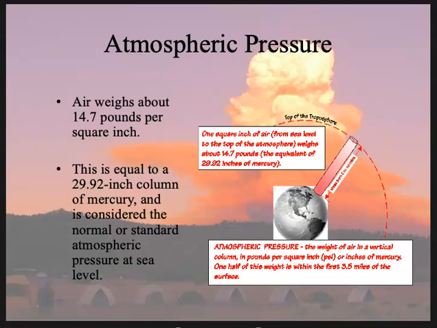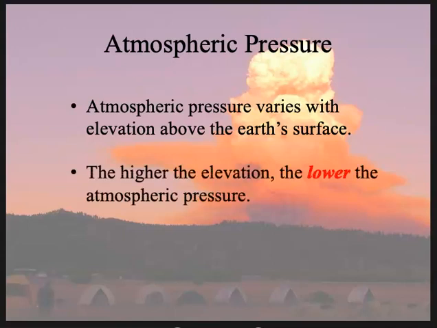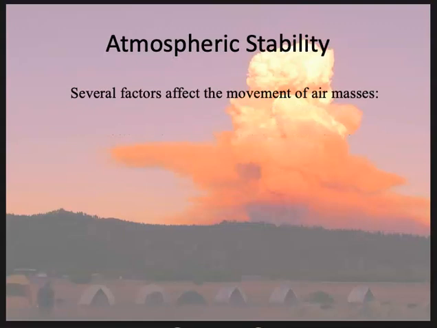So this is equal to 29.92 inch columns of mercury and is considered the normal or standard atmospheric pressure at sea level. Okay? So that's very important to understand. So atmospheric pressure is going to vary with elevation above the Earth's surface. As we go higher, there's going to be less pressure, right? The higher the elevation, the lower the atmospheric pressure.